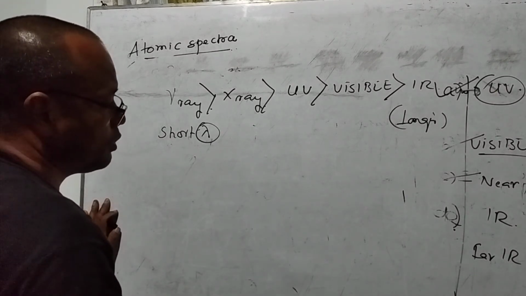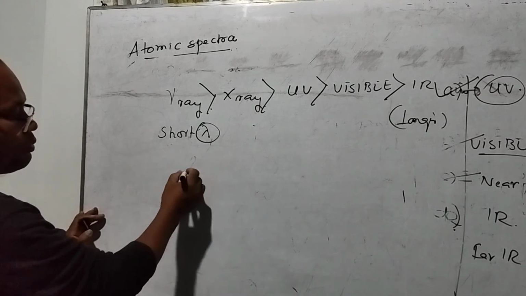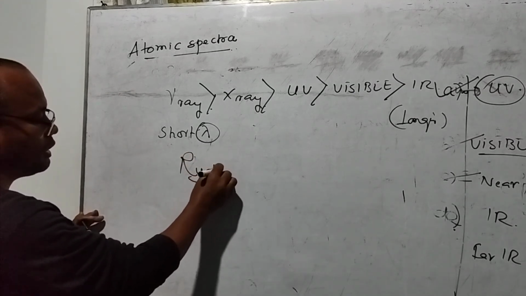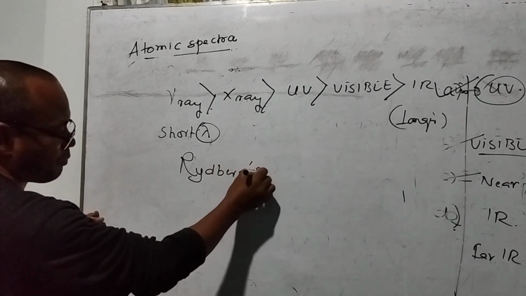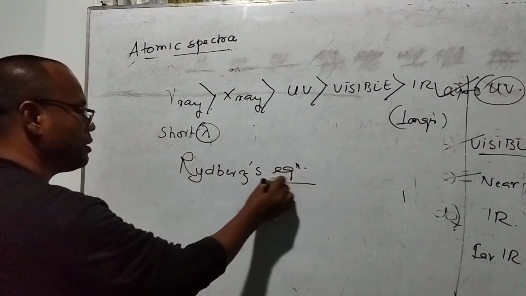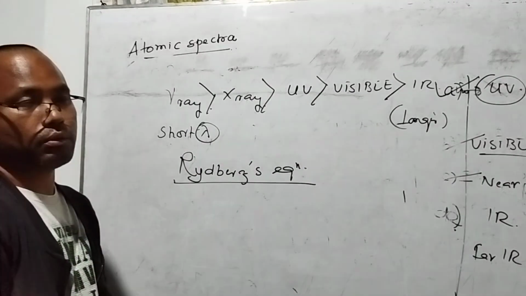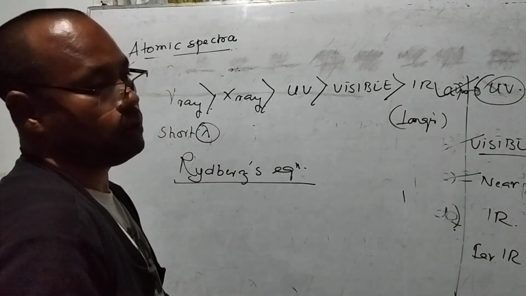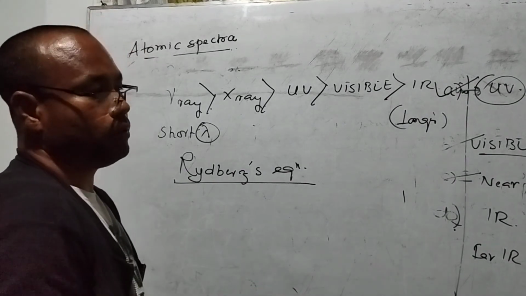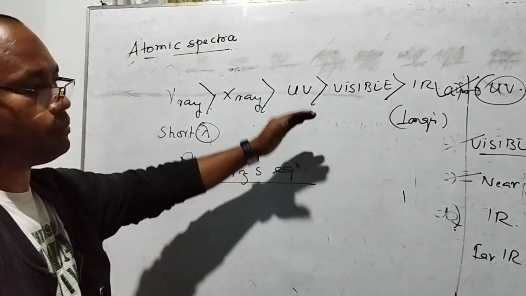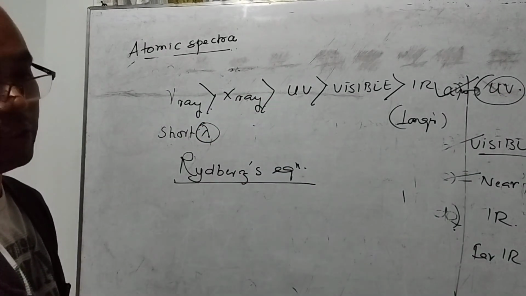So how do we calculate the frequency or wavelength of a particular series of the radiation? We should remember one very important equation, called the Rydberg equation. We use this equation to calculate the frequency or wavelength of the series of the spectrum, which are formed by different excitations of the electron.